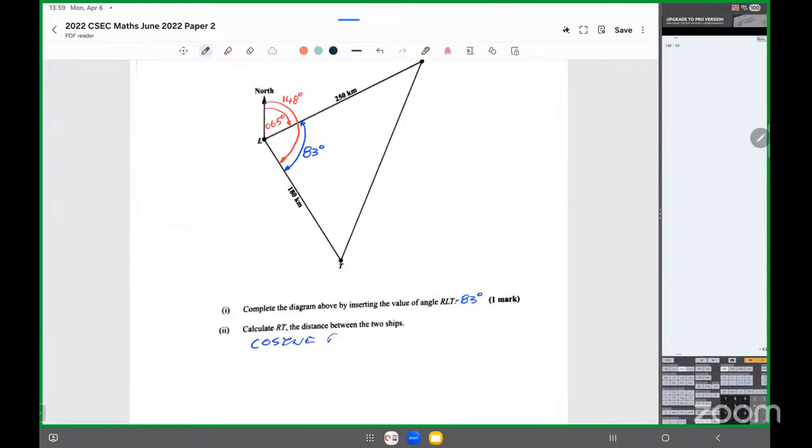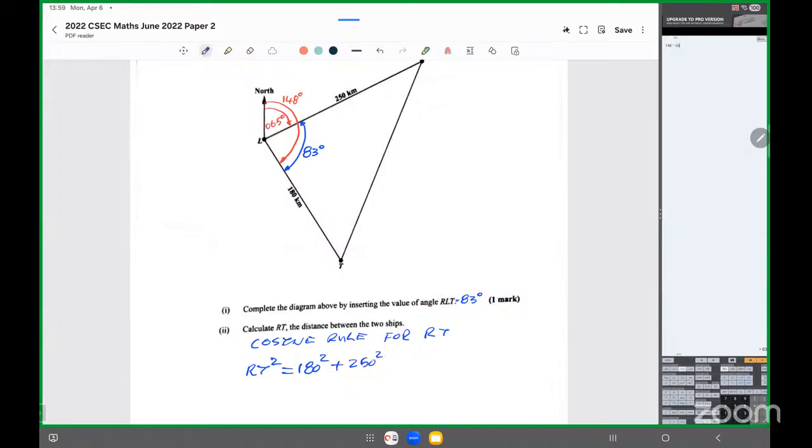Cosine rule for the RT. Remember now, the cosine rule starts out like Pythagoras' theorem. So it's going to be RT squared equals this side squared plus this side squared. That's 180 squared plus 250 squared.